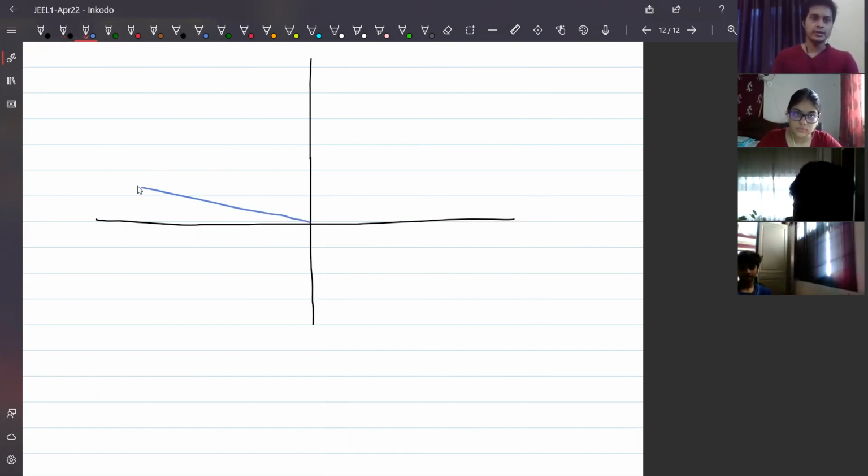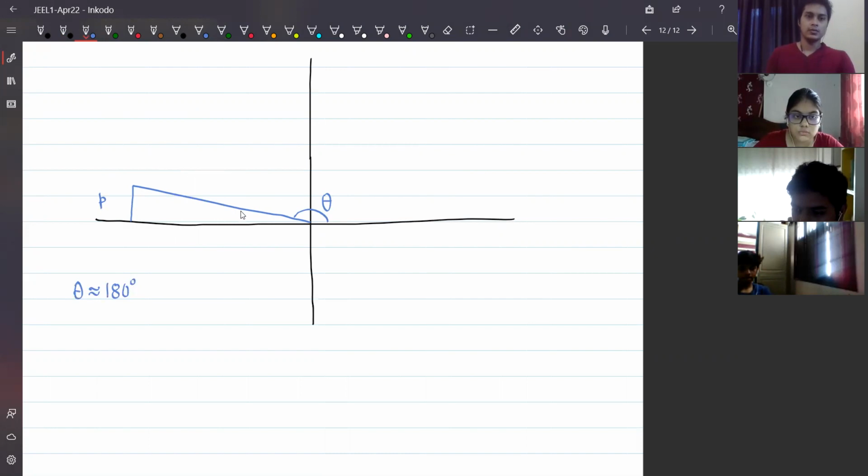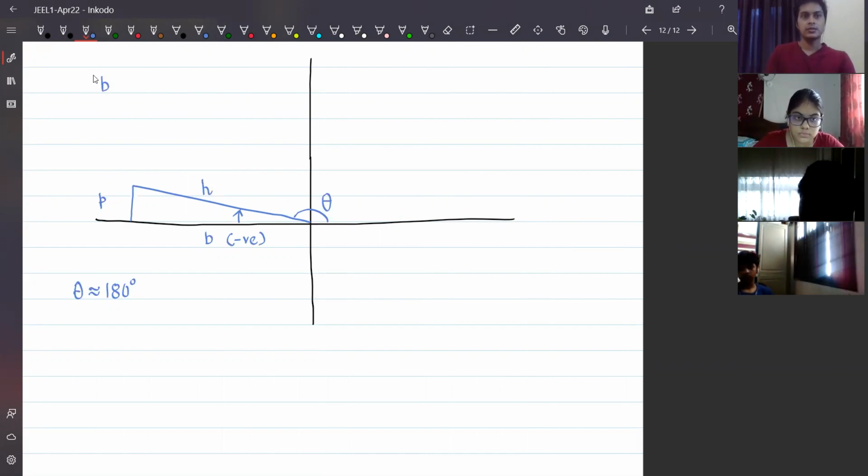I want the angle to be very close to 180 degrees. Theta is like this, and this is the perpendicular. If you want theta to be close to 180 degrees, you'll basically be measuring the perpendicular, the base which is negative, and the hypotenuse. But the value of base is equal to the value of hypotenuse. The perpendicular comes out to be 0.